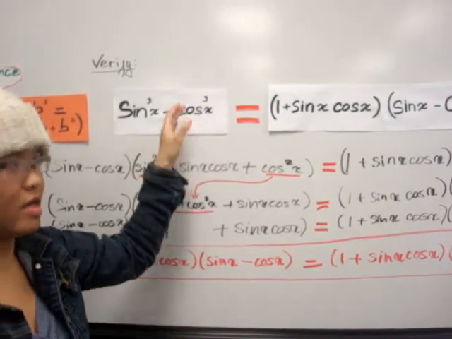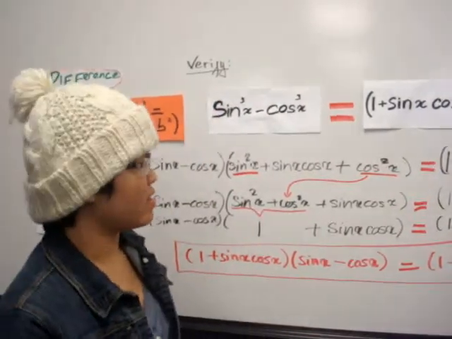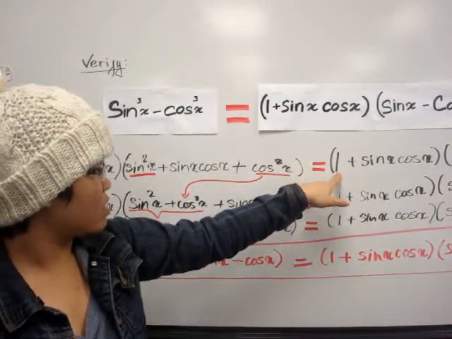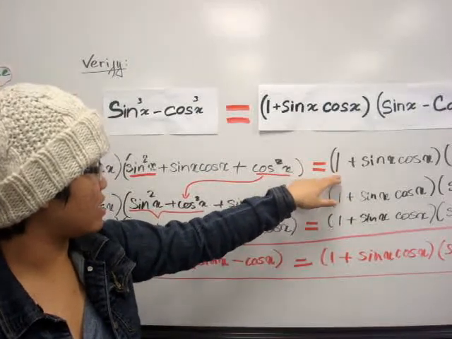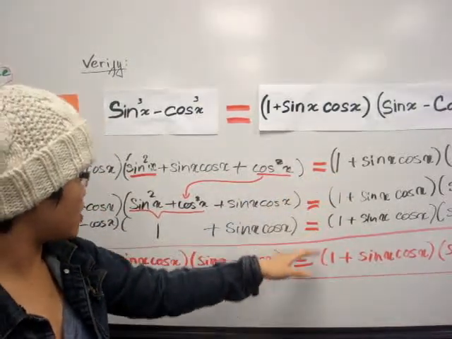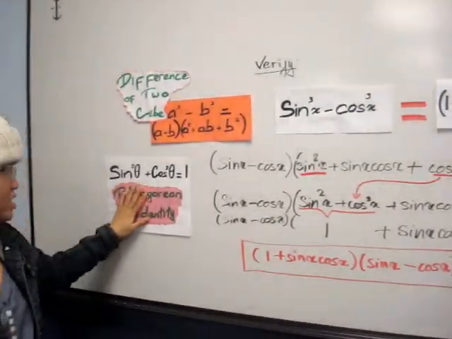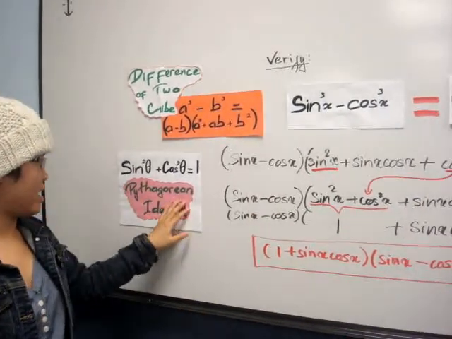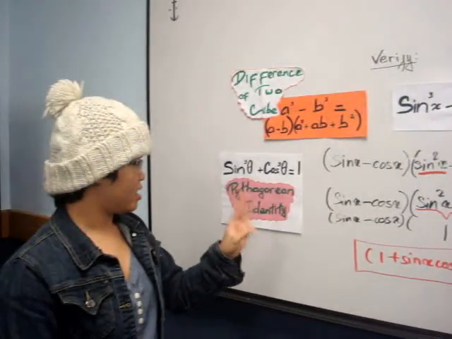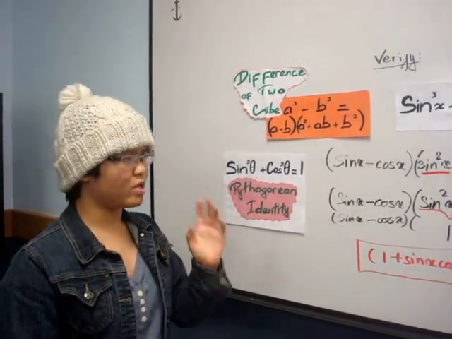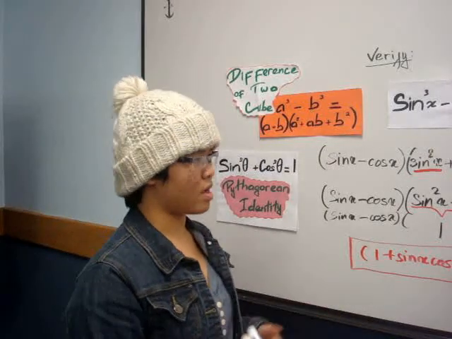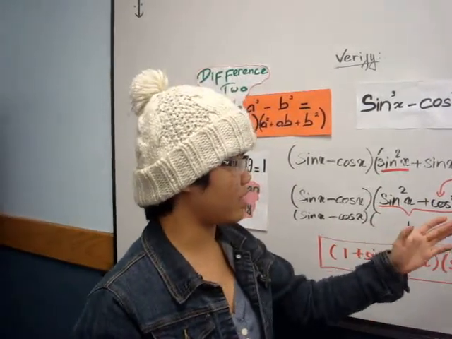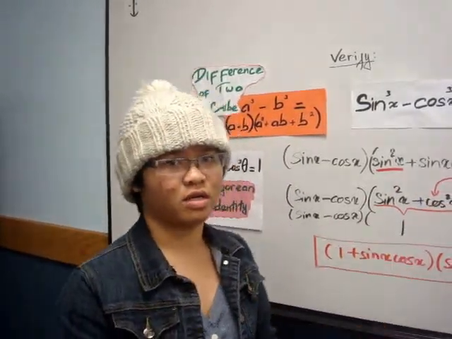The first thing we have to do is the 1 right here. We have to know that 1 equals sine squared x plus cosine squared x, the Pythagorean identity, because in the Pythagorean identities we have 3 formulas. It's hard to see which one we're going to use, but if you know what you need to use in the problem, it makes the problem easier.